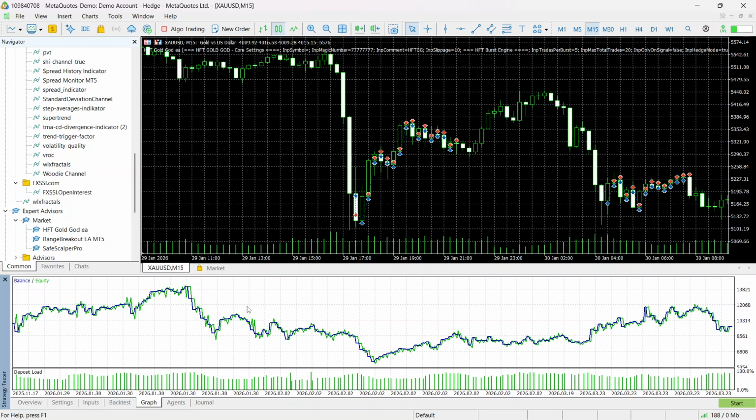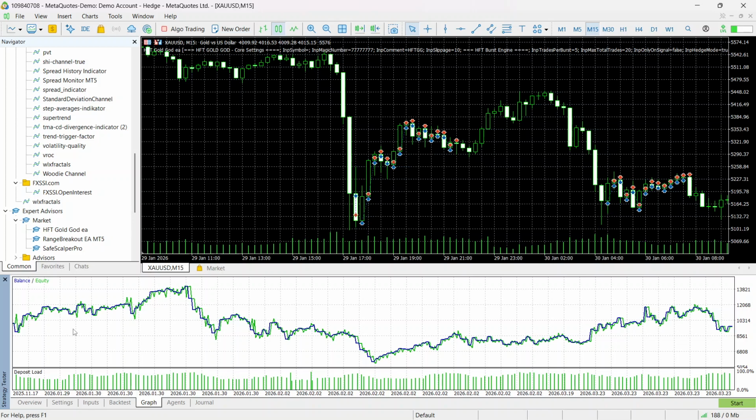You see it's still below the high and slightly below where it started. This is volatile, typical for a momentum scalper on gold.